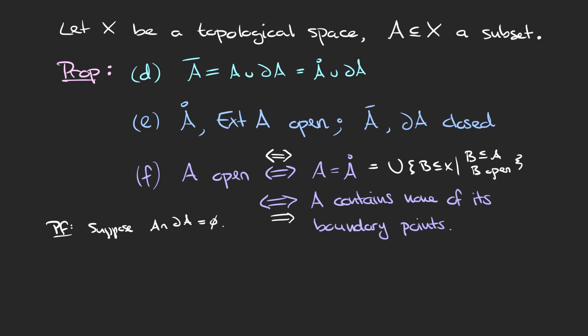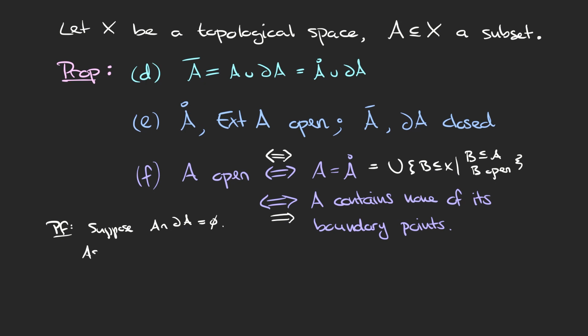Now, by part A of this proposition, it's sufficient to show that for any point in A, there is some neighborhood of that point that is completely contained within A. Let's suppose, for the sake of contradiction, that this is not the case.